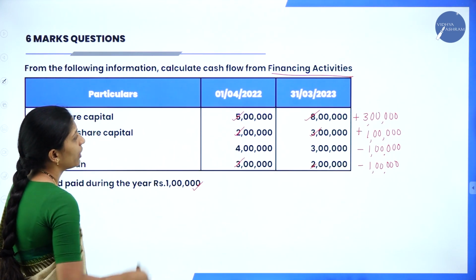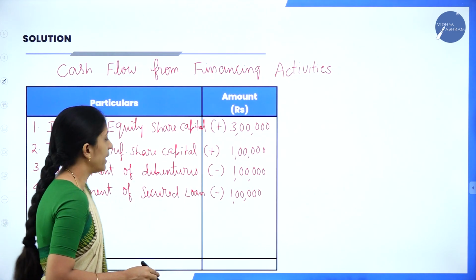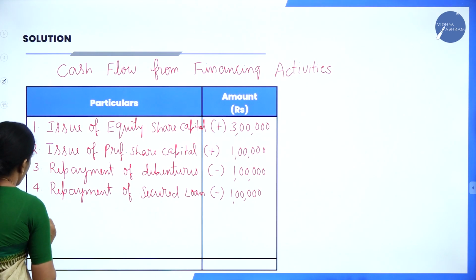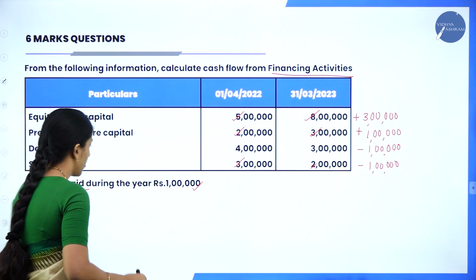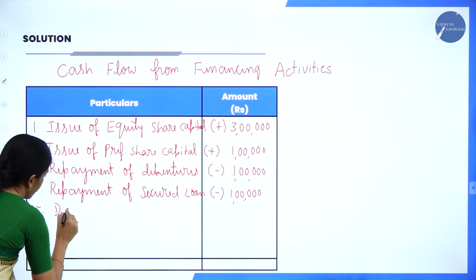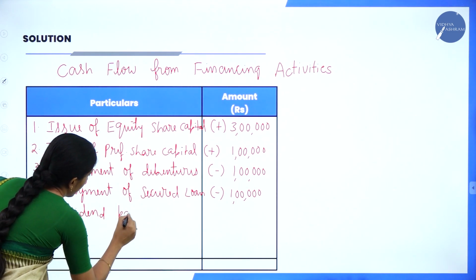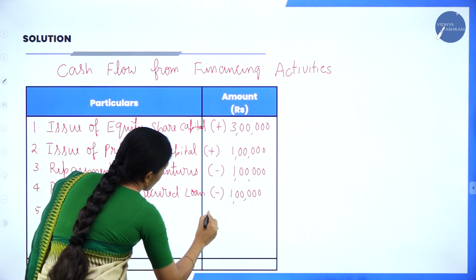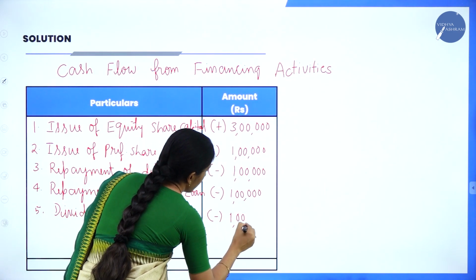Clear? So 4 done, plus 3 lakh plus 1 lakh, minus 1 lakh and minus 1 lakh. And the fifth one is, so we have paid, dividend paid during the year, that is 1 lakh. So dividend paid. Dividend paid it is, so cash outflow, so minus, and the amount is 1 lakh.